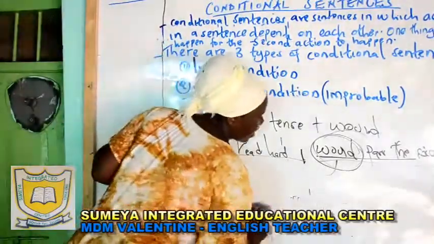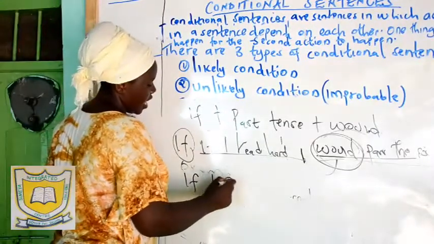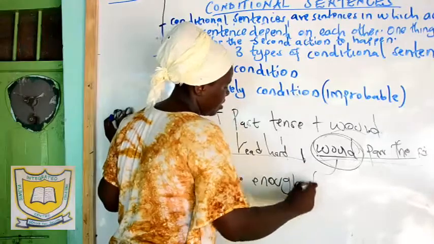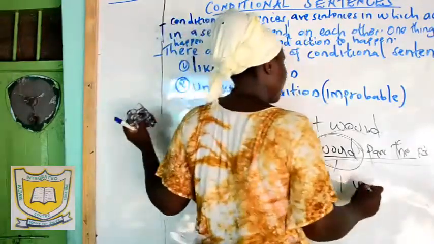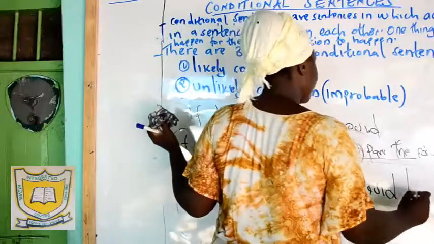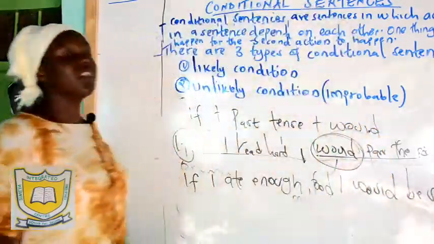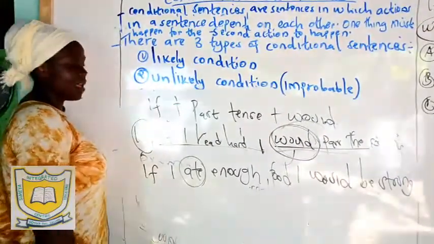Now, look at my next example. I can say, "If I ate enough food, I'll be strong." I'm having "ate," which is the past tense.